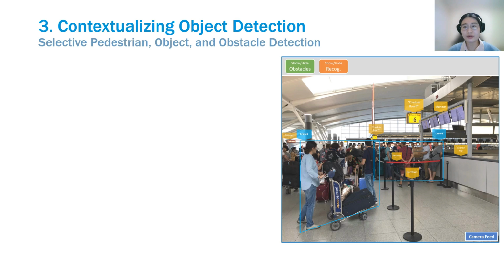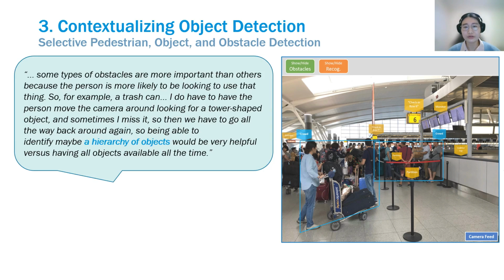Within the theme of contextualizing object detection, we include several concrete suggestions our participants gave us. For example, in Study 1, quote, some types of obstacles are more important than others because the person is more likely to be looking to use that thing. So, for example, a trash can. I do have to have the person move the camera around looking for a tower-shaped object, and sometimes I miss it.